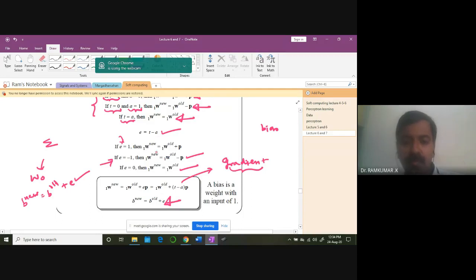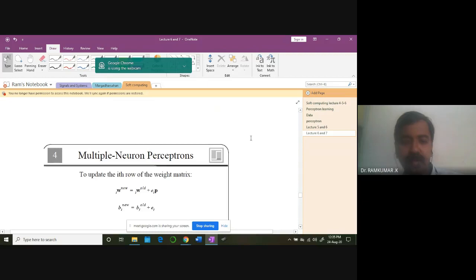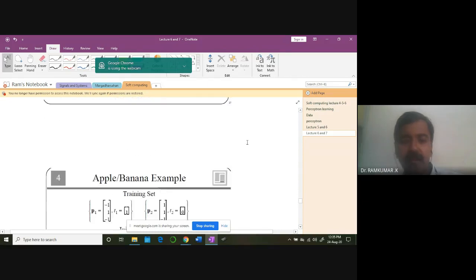If the error is positive, new bias will be equal to old bias plus the error. The error can be positive 1 or negative 1, only two cases. That's the idea, so you can update the bias also. The same idea holds for matrix form also.